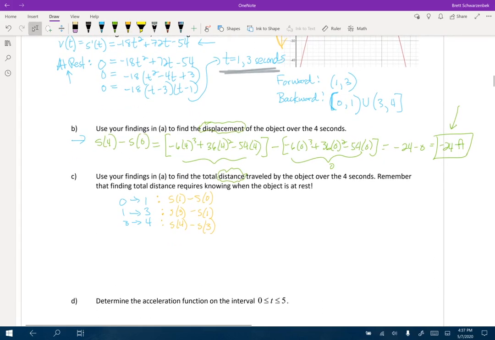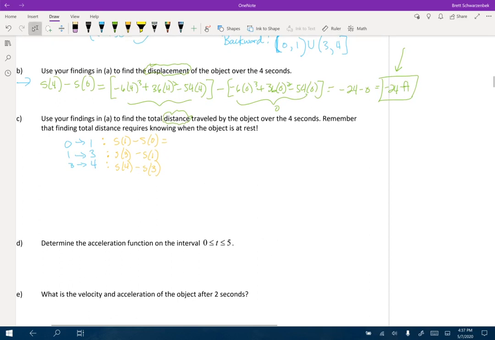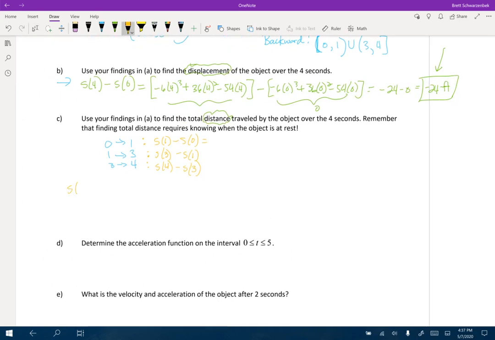So this is all basically computations. We didn't calculate S of 1 yet, or S of 3. We know what S of 0 and 4 are. So let's do S of 1 and 3. So S of 1 is going to be -6 times 1 cubed plus 36 times 1 minus 54 times 1.